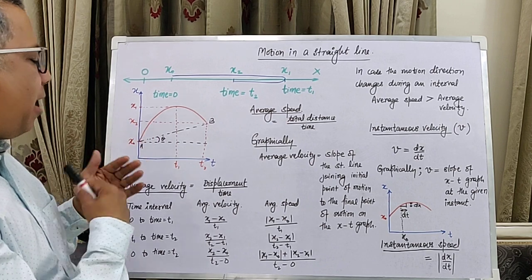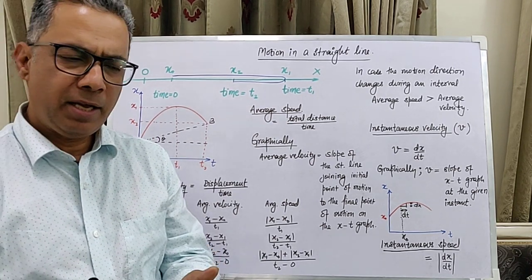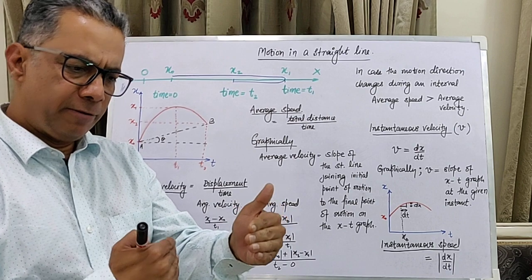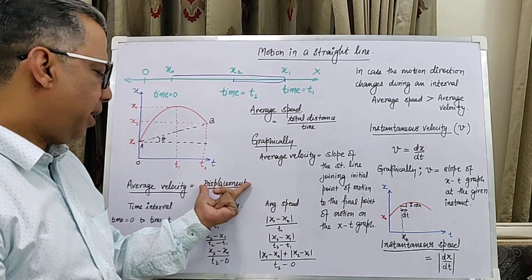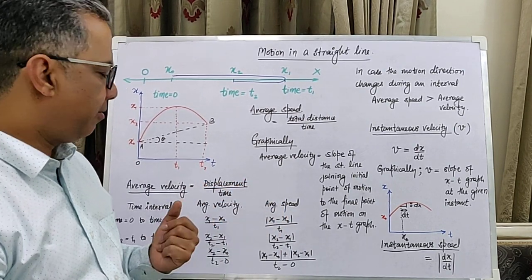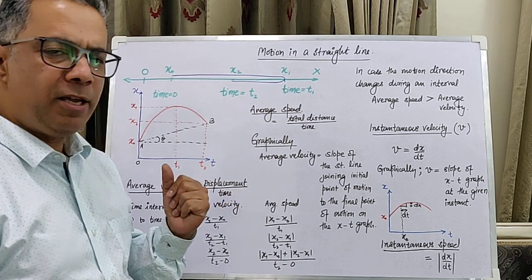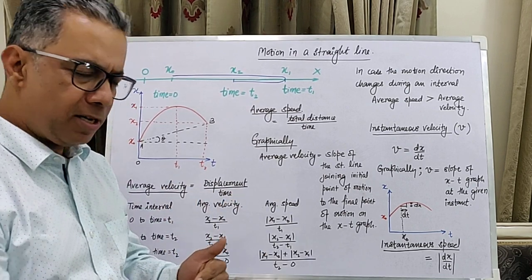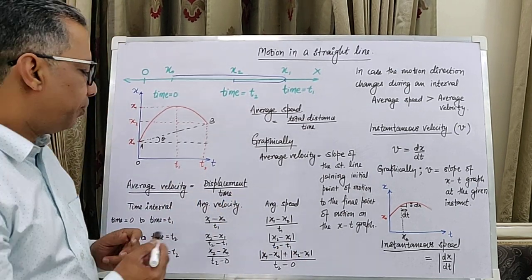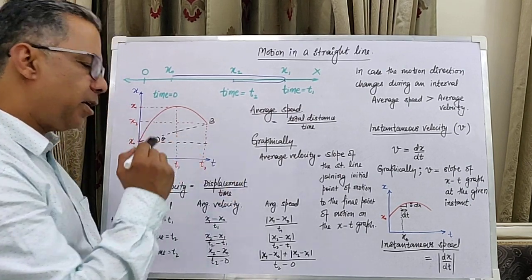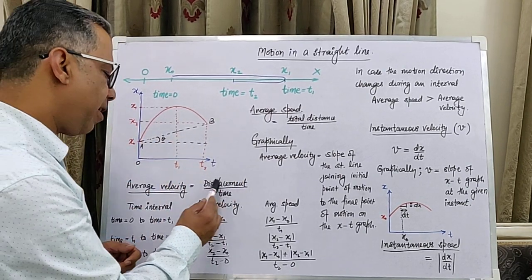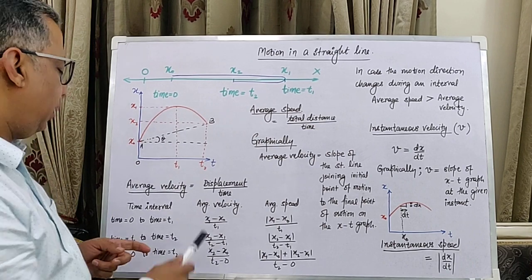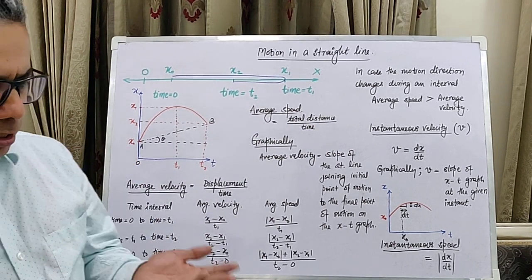Average velocity during any given interval of time is the displacement during that interval divided by the time consumed in that interval of time. So the total displacement undergone by the moving object divided by the time of the interval gives us average velocity during that interval.